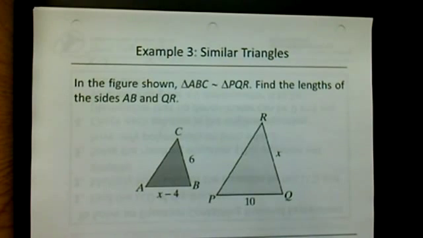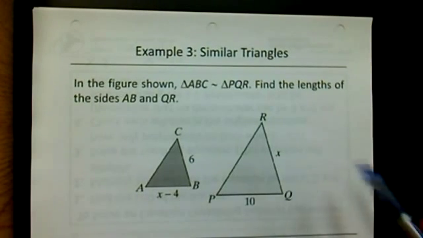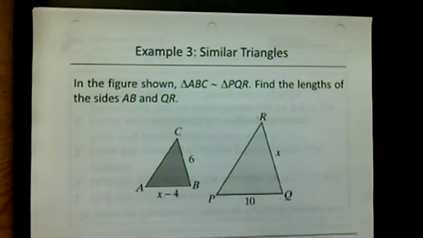So we got similar triangles. Find the length of side AB and QR. So AB is here. QR is there. So how can I set these up as similar triangles?